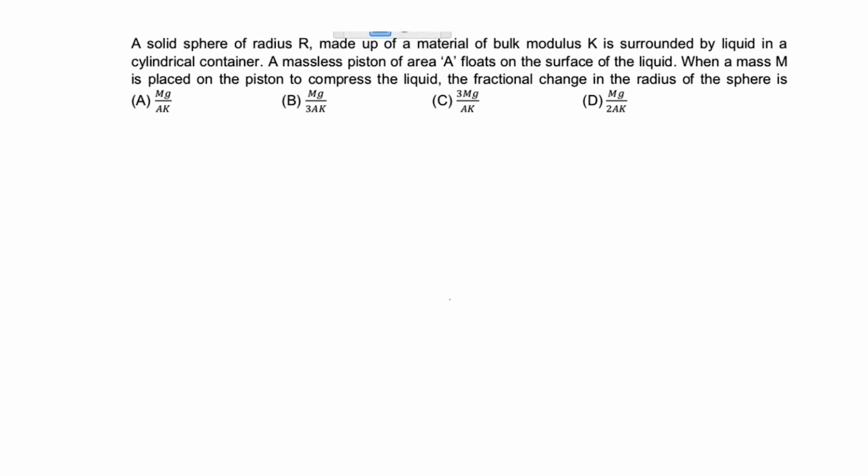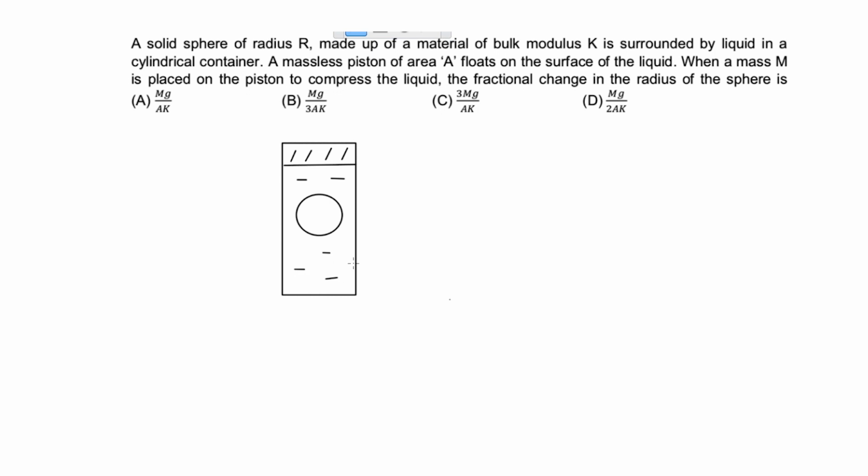So let us draw a sphere first. Let us assume this is to be a sphere. It is inside a cylinder and there is a piston. Let us assume this to be piston.